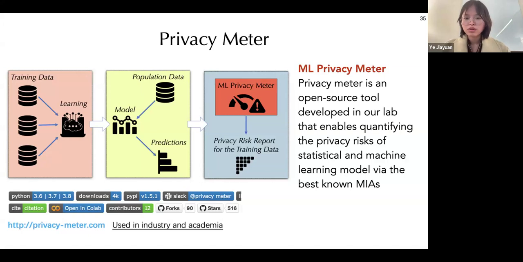And in this open source tool, Privacy Meter, people in our lab are building baseline implementations for these various attacks under different settings, so that practitioners or curious researchers can easily see how they perform in their interested settings and see which attack performs the best. We also try to include all possible attacks, especially the best known attack. And you can check it out for all the various attacks and how they perform.